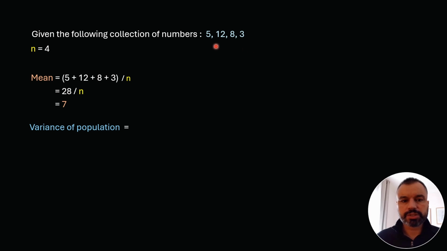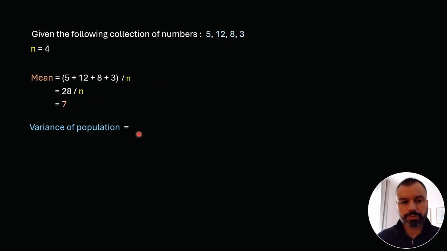Now, let's say this collection of numbers is our data on a given population. The variance of this population would then be equal to the sum of the squared differences between each of these values and the mean divided by n.